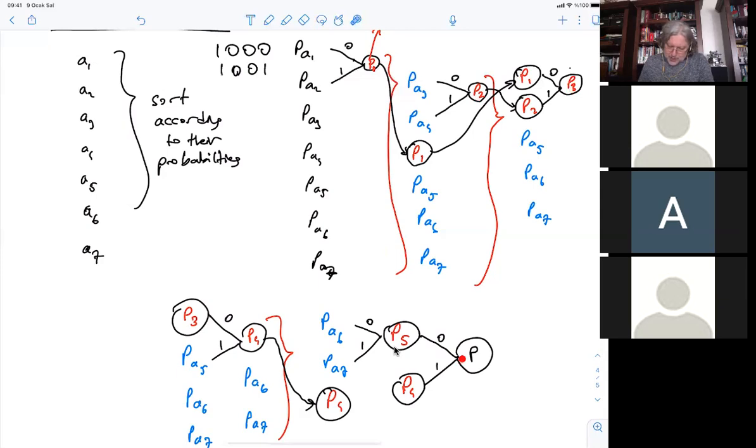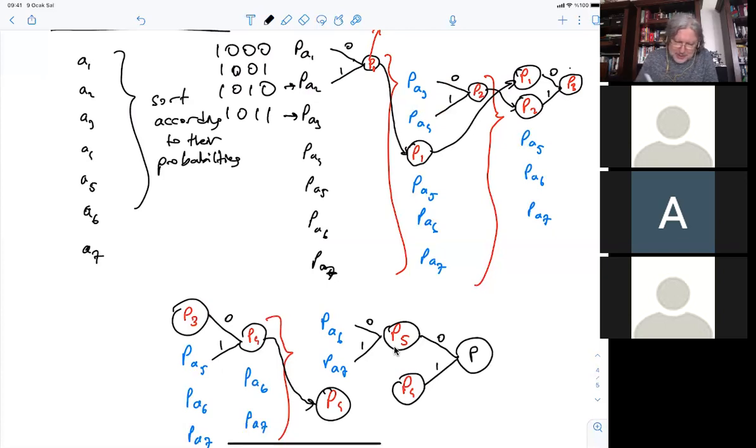So it will be 1 for P4, 1, then 0 for P3, then 1, 1, 0, 1, and then 0. 1, 0, 1, 0 goes to PA3. And PA4 is 1, 0, 1, 1, because only the last symbol is different.